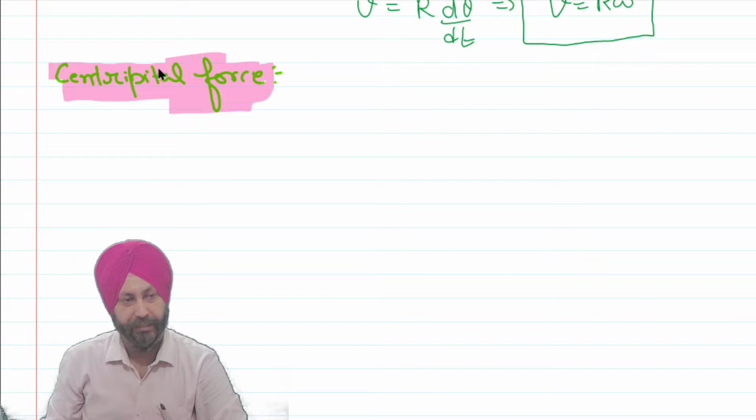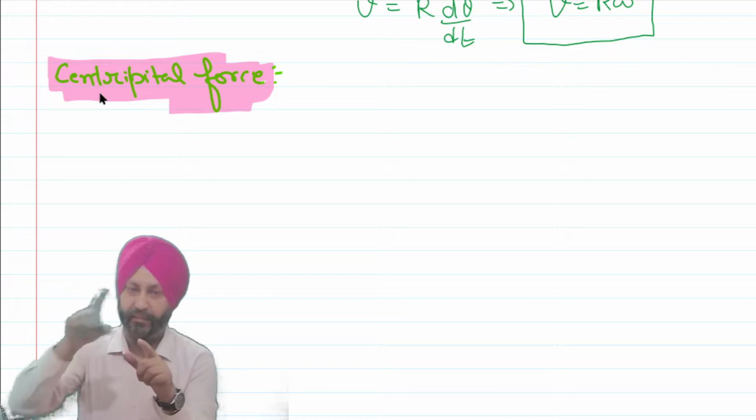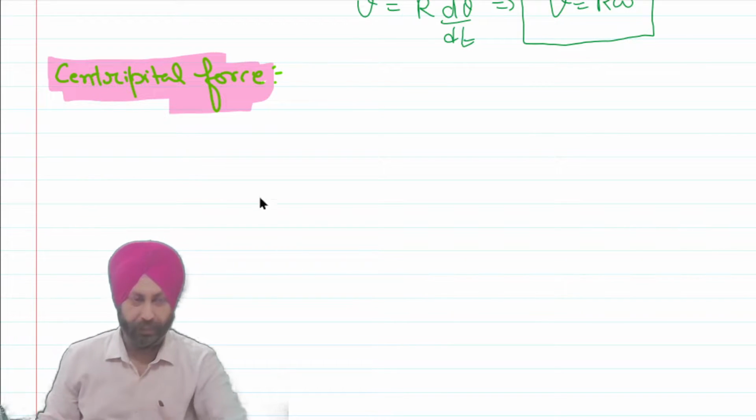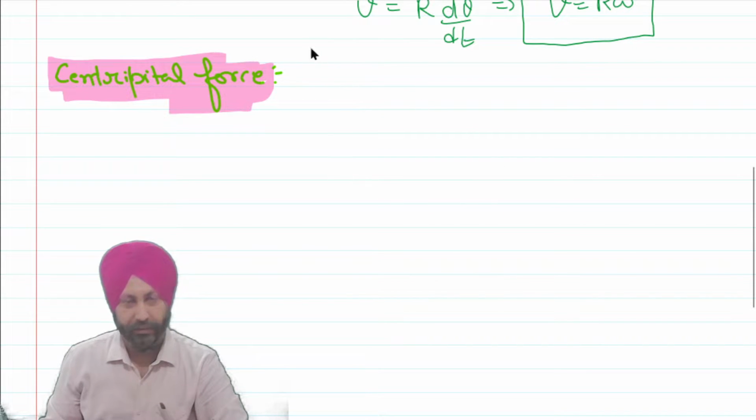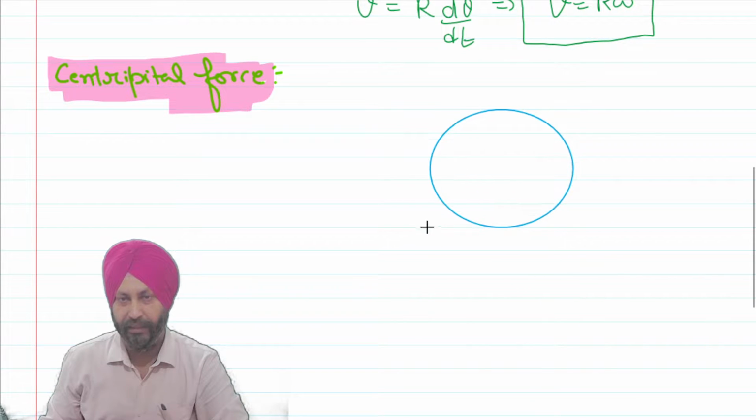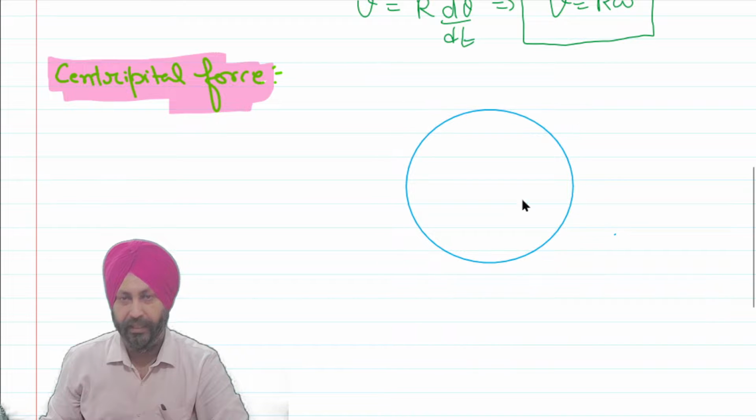Means if centripetal force is there, the particle will be moving in a circle. Force is a vector quantity. Centripetal force has a direction. It is a vector quantity. See, it always acts along the radius. Suppose the particle is here. This is the center. The particle is moving in this circle. So this centripetal force acts along the radius towards the center.